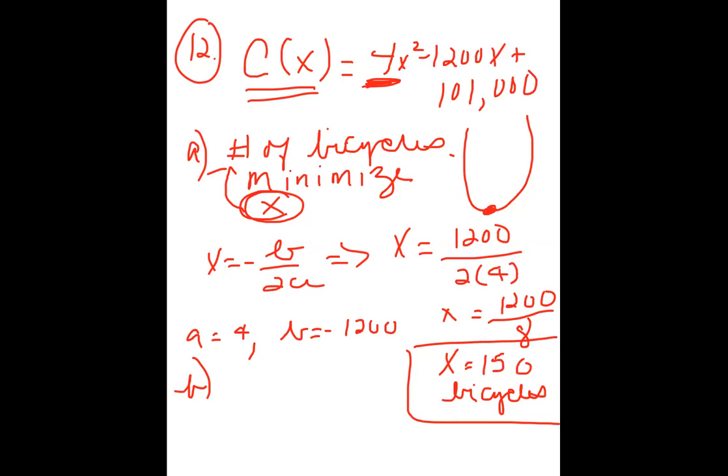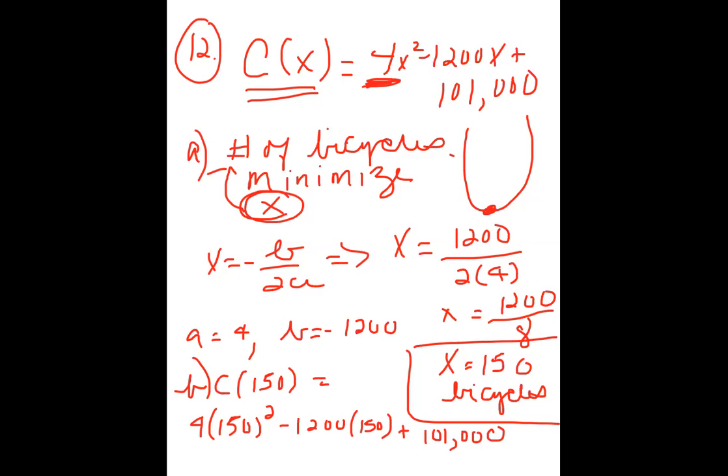So let me go back to this function, and we're going to plug in 150 for every single x in that function. So we're going to do 4 times 150 squared minus 1200 times 150 plus the 101,000. All right, so let's grab those calculators and plug all this in.